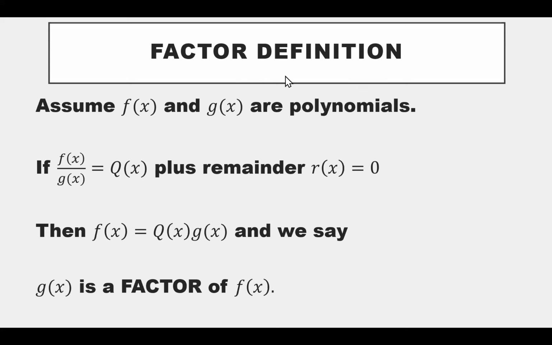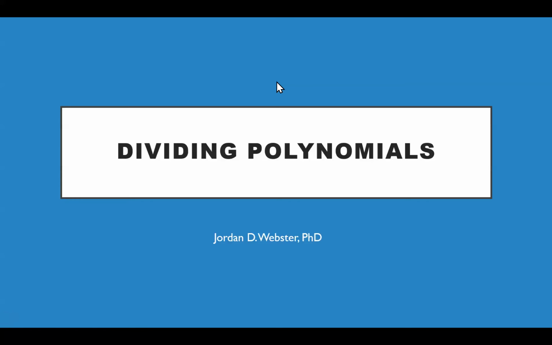We have two types, the long division and the synthetic division. Synthetic division is a little bit quicker if we have x minus r as our divisor. And that concludes this video.